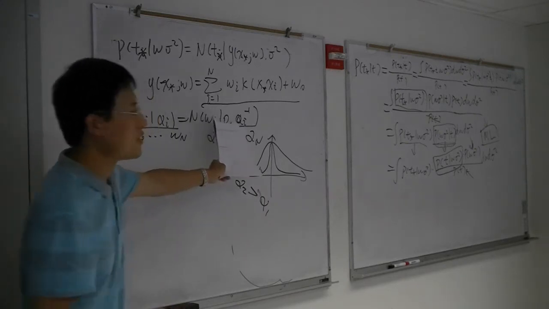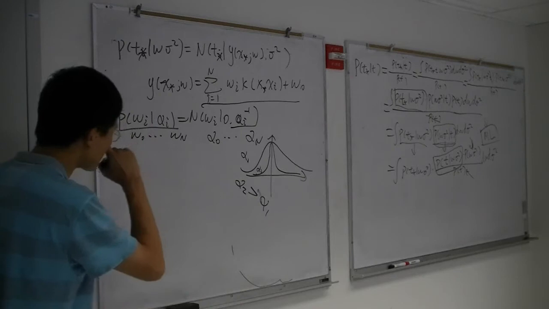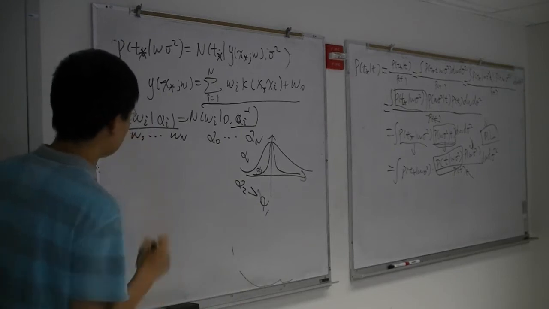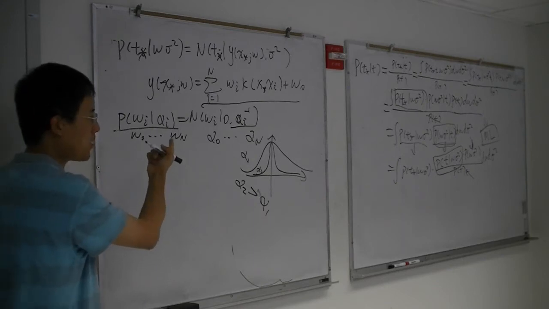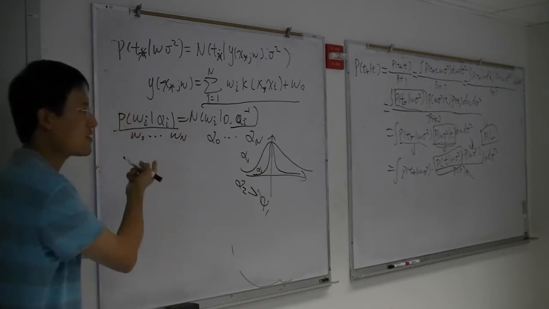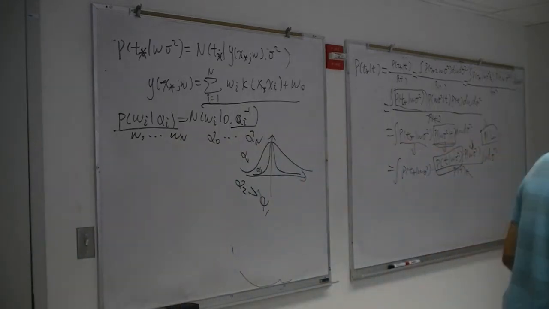Here, alpha is the inverse of the variance. And so we can introduce another prior for alpha, to make sure alpha is very large. So this is a gamma distribution.